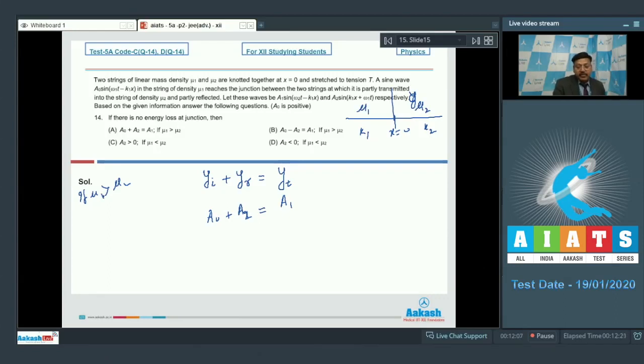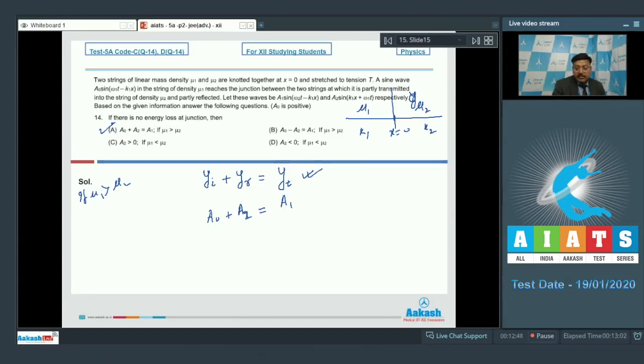As I said, we have to consider continuity of displacement of a particle at the junction and also consider the fact that there is no phase change due to reflection, because the reflection is happening at a boundary with a medium where the speed of the wave is greater than the speed in the first medium. So A will be correct, and which clearly means that B is incorrect. Let's look at option C and D now. It says what happens if mu1 is less than mu2?